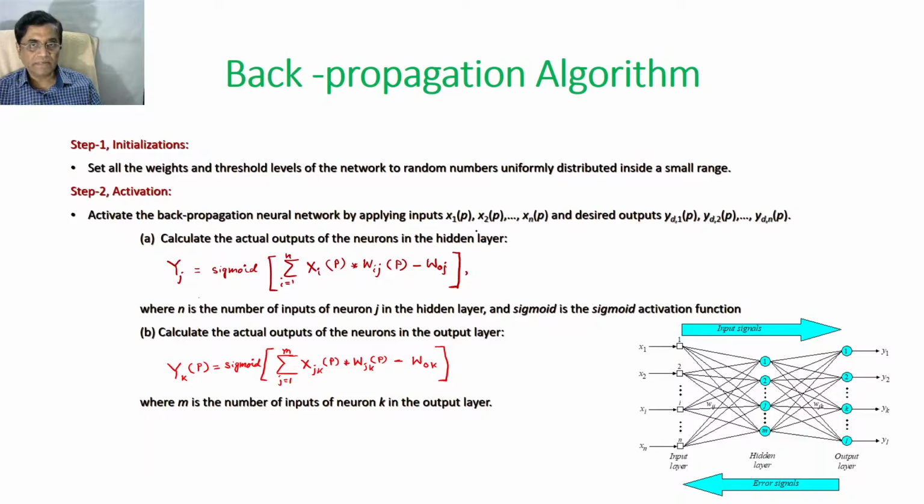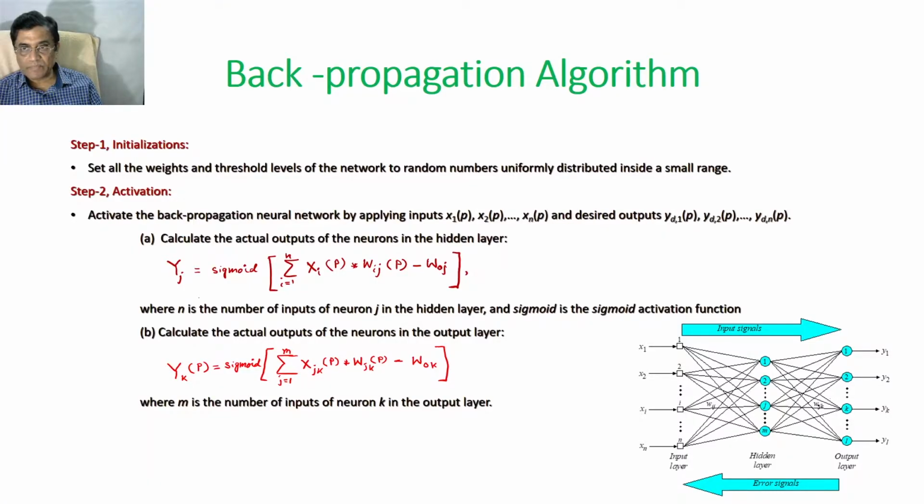So this is in the hidden layer: the actual output calculation of the hidden layer. Then the actual output calculation in the output layer. So here you are trying to figure out the sigmoid of the summation, for a particular neuron, of all these inputs.